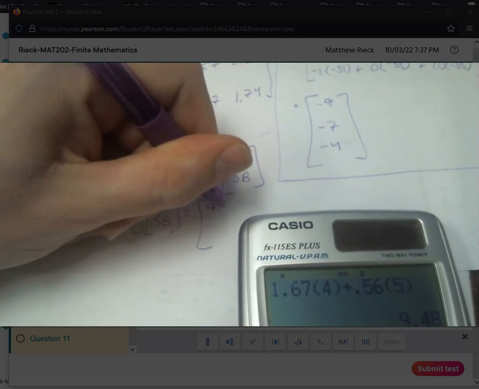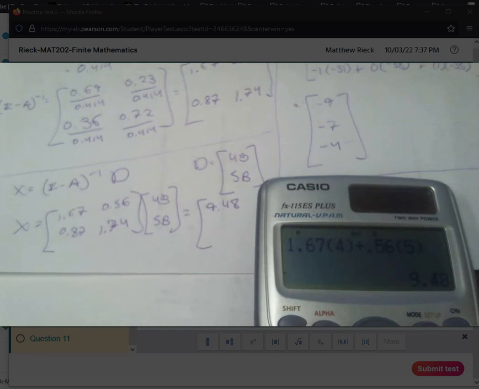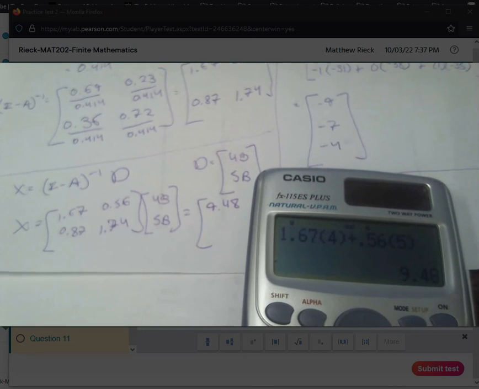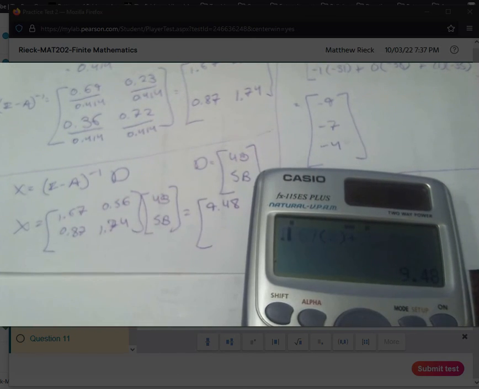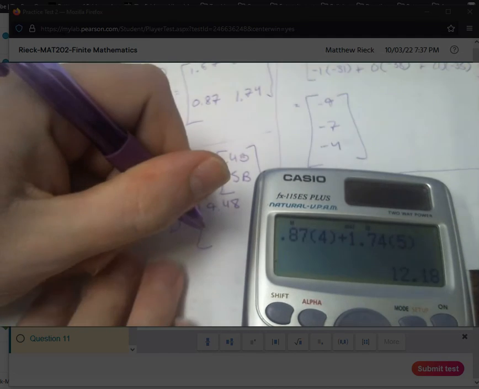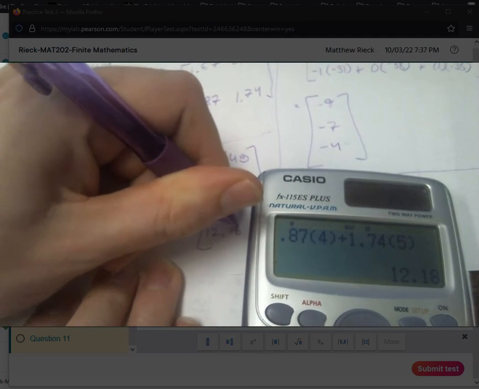So we have 9.48 for the first one there. And then for my second row, again, just going to march across the second row down my column. So we have 0.87 times 4 plus 1.74 times 5. So we have 12.18.